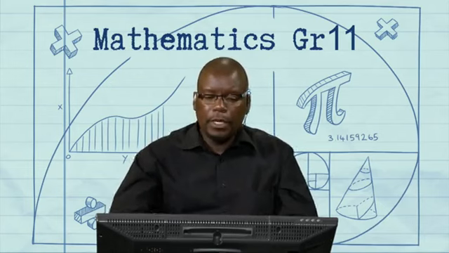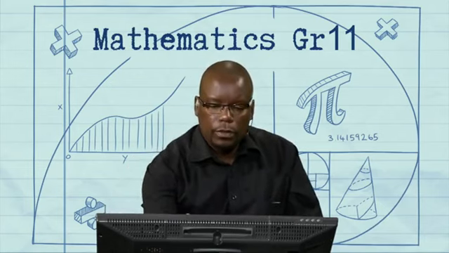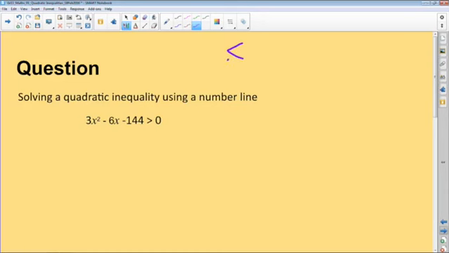Just to recap, for less than, we are looking at the negatives, and for greater than, that's positive. So now you are working with this problem: 3x squared minus 6x minus 144. The first thing you needed to do was to factorize.